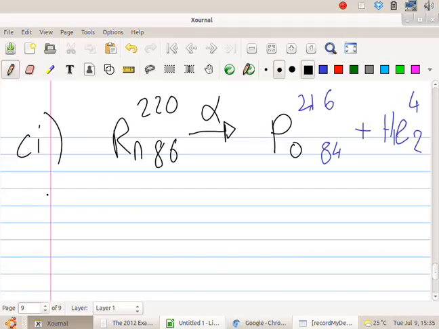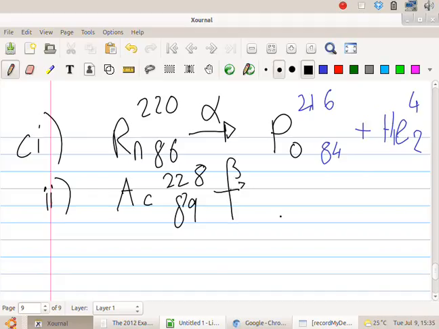And then the next one. Ac. A. C. Last number is 228. Atomic is 89. So beta decay, Th. Now, with beta, the mass number remains unchanged, 228.